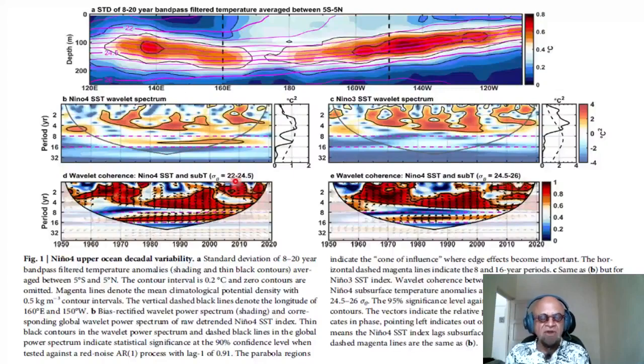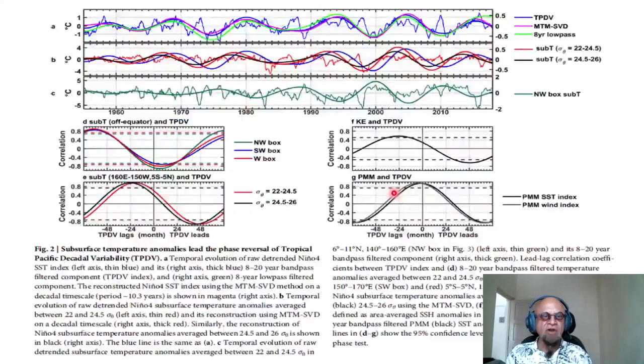So these are sigma potential density depths. 22 to 24.5 is shallower compared to the 24.5 to 26, because the density increases as you go down. So even at the depths there is a weaker signal. This is a stronger signal, and you can see that the near surface variability has multiple time scales as well, which we will not worry about.